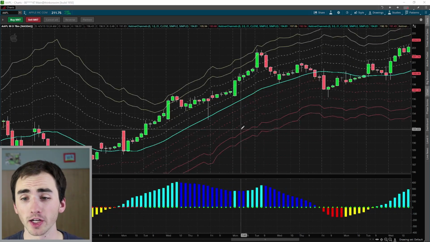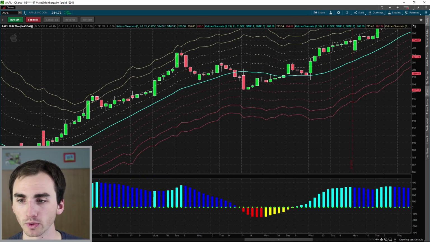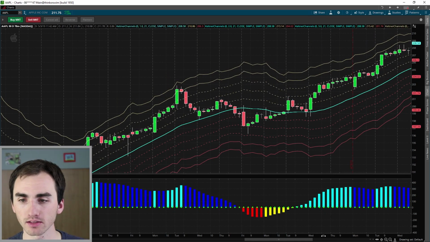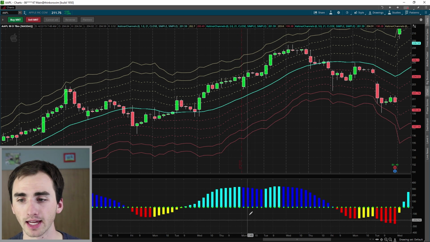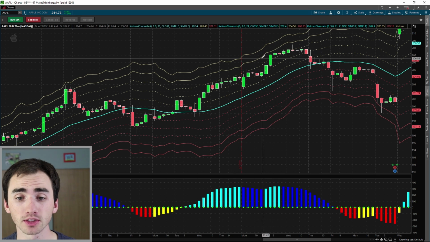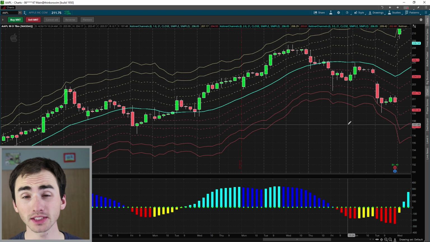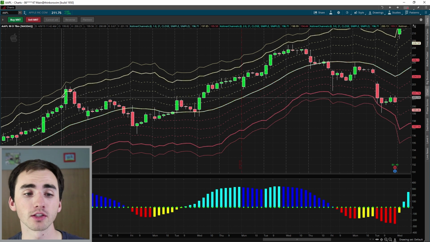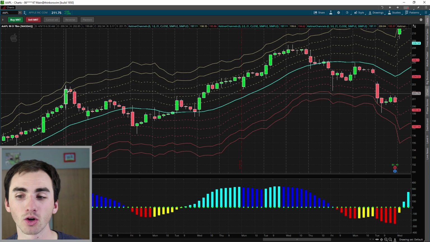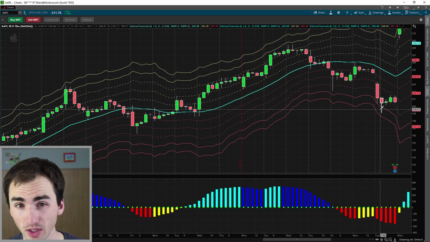And so just moving on in this uptrend, you can see how Apple here oscillates between these bands, but it never really breaks out of them. And when it gets to the extremes, it's always going to want to come back to the EMA. And so this can be a really good way to keep yourself contained and not get too greedy by wanting to chase huge breakouts like this, or trying to sell at the bottom when the stock really sells off against you.